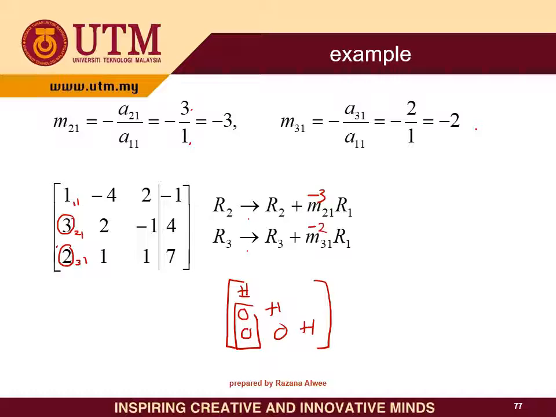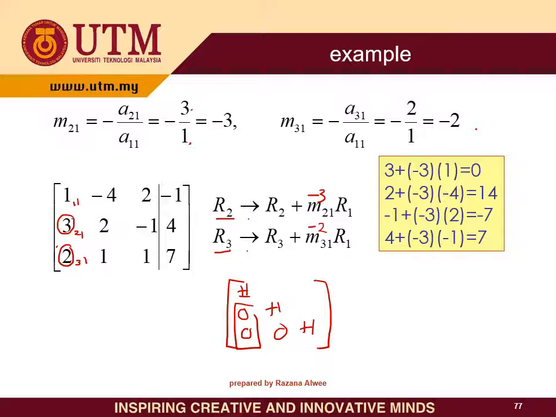Based on this, the new R2 and the new R3 will be obtained by R2 plus negative 3 R1. So this is the equation: this is R2, this is R1, and this is our negative 3. This is the new R2.